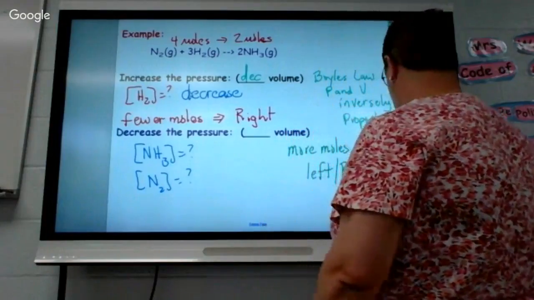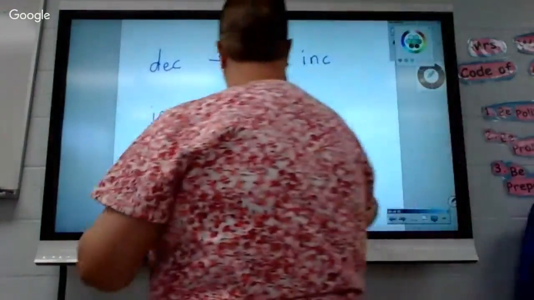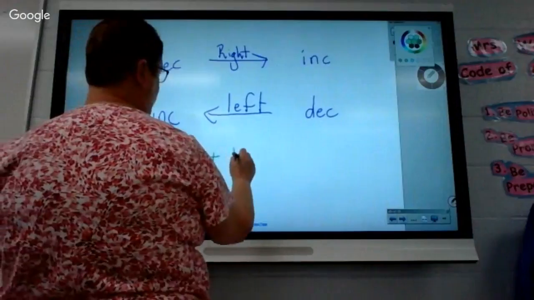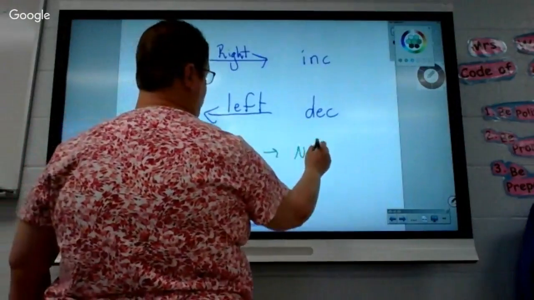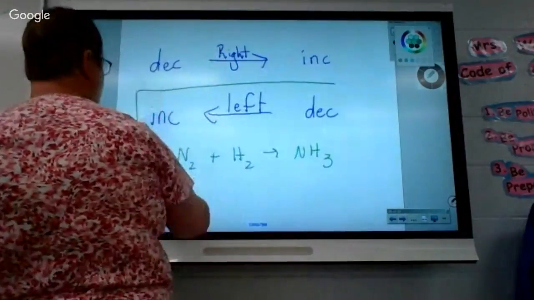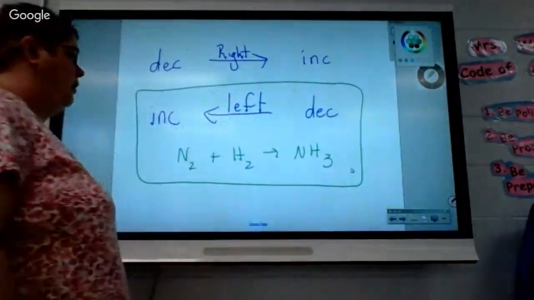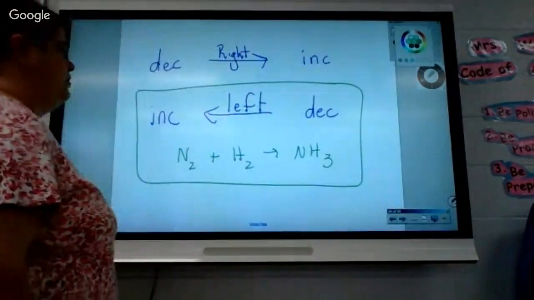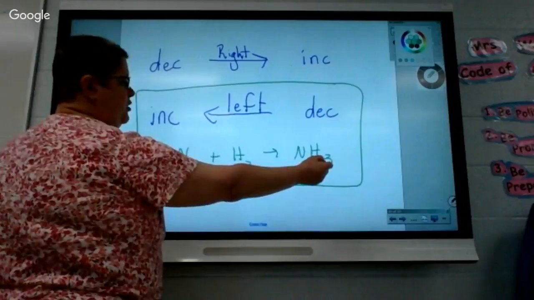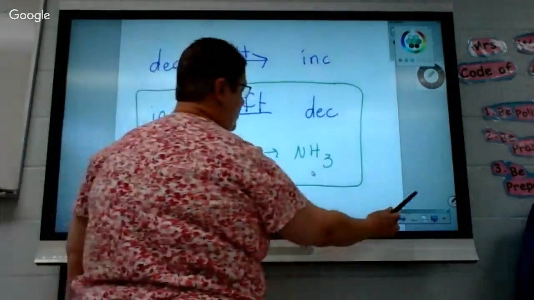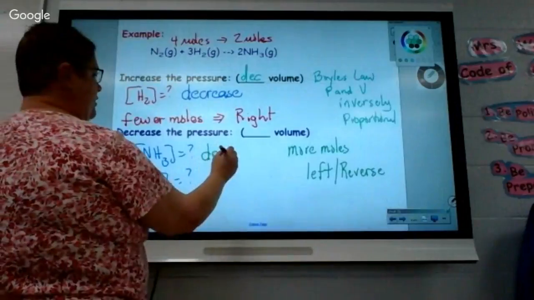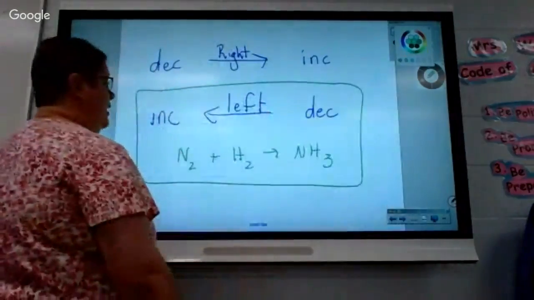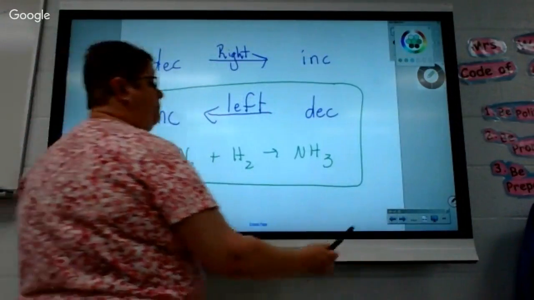All right, let me rewrite all this: N2 plus H2 goes to NH3. Y'all said it was going left, so we're using this, right? I asked in the question NH3 and N2. So tell me what happens to NH3 first. NH3 is going to do what? Decrease. So next to that one, we're going to put decrease. And I want to know N2. So next to N2, what you going to tell me?